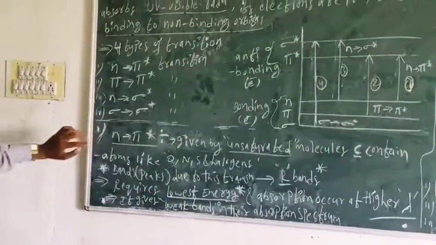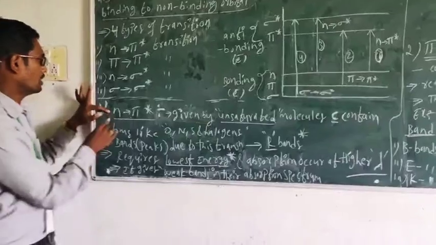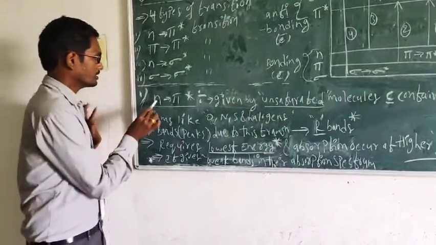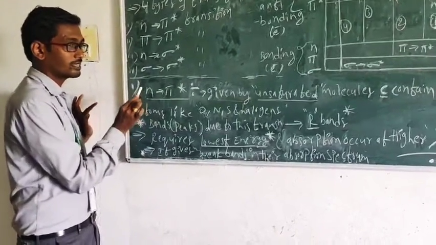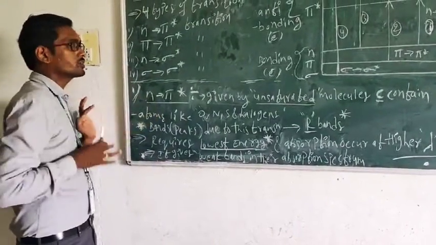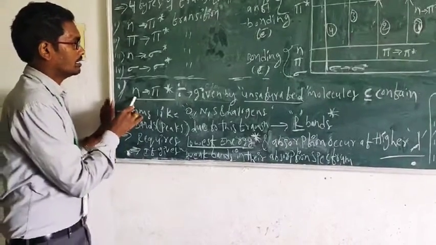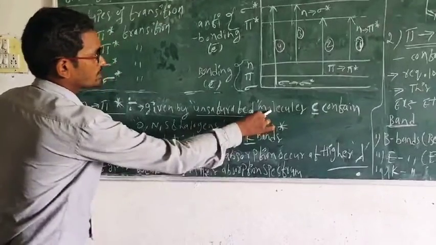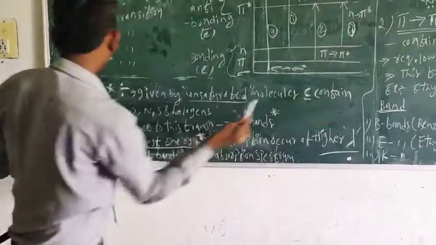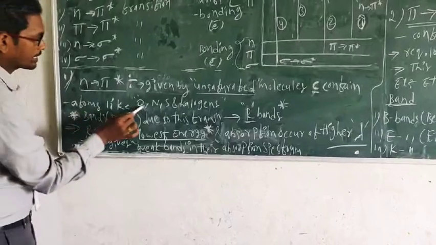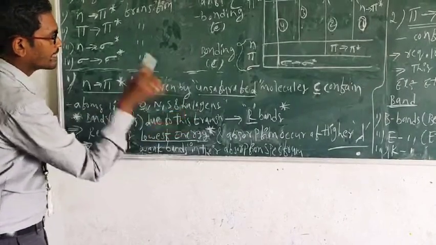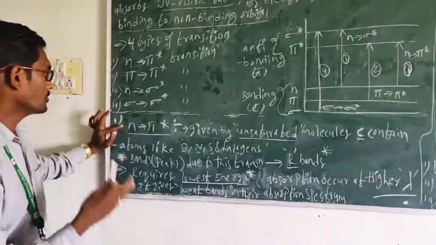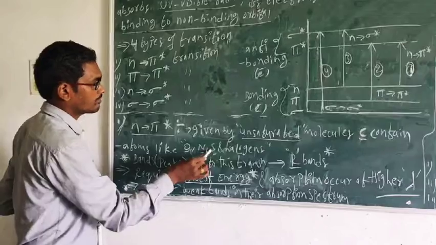Let's take the first one, n to pi star transition. Here you need to remember that non-bonded electrons, or lone pair of electrons, are undergoing excitation. The n to pi star transition is given by unsaturated molecules which contain atoms like oxygen, nitrogen, sulfur and halogens.